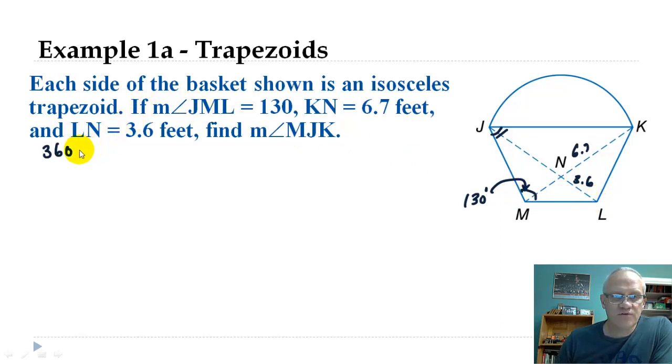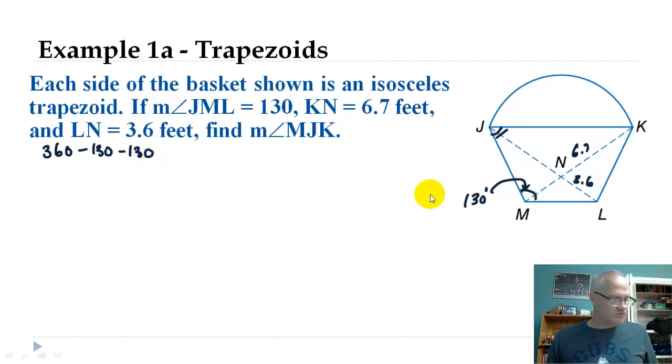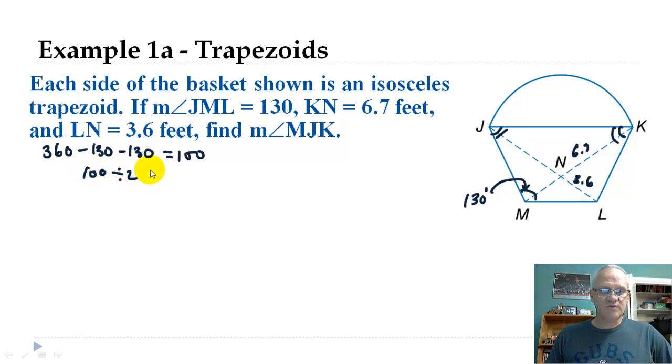If we took 360 minus 130 and minus 130, we would have 100 left. Well, 100 degrees is split between J and K. Remember, this is another pair of base angles that have to be the same as well. So if we take the 100 and divide by 2, we get 50. J and K are both 50.